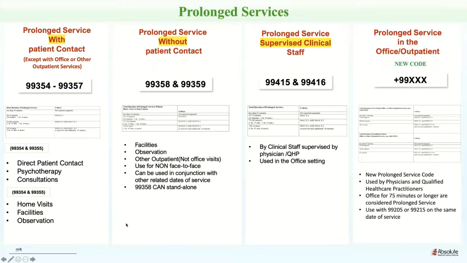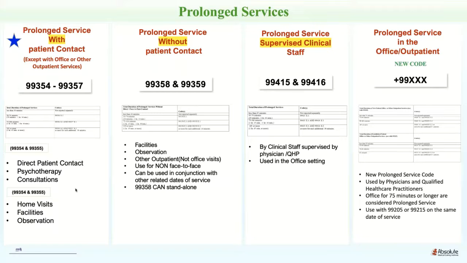So this is a great opportunity to do a screenshot. I would encourage you to. So if you say, well, what were the changes other than that new code? Well, there weren't very many changes. The only change that we have is in the code language for 99354 through 99357, and that's it.